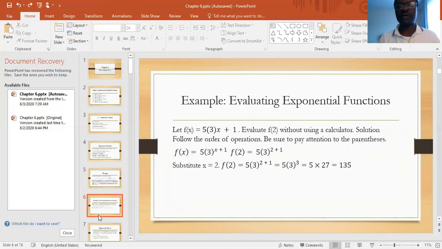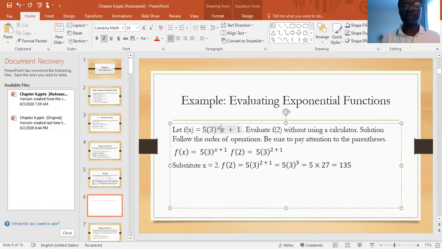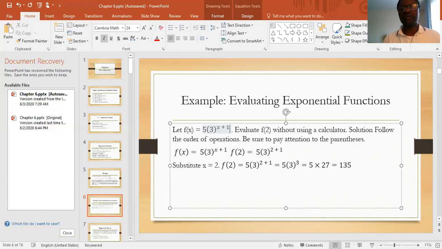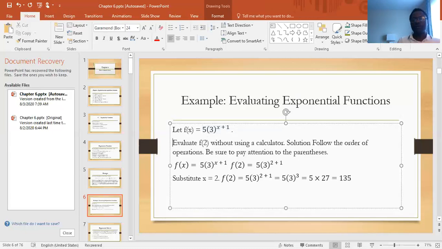Consider the function f of x equals 5 times 3 raised to power x plus 1. Evaluate f of 2 without using a calculator.